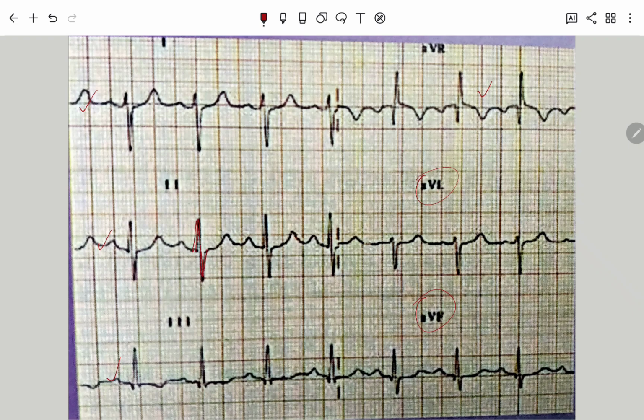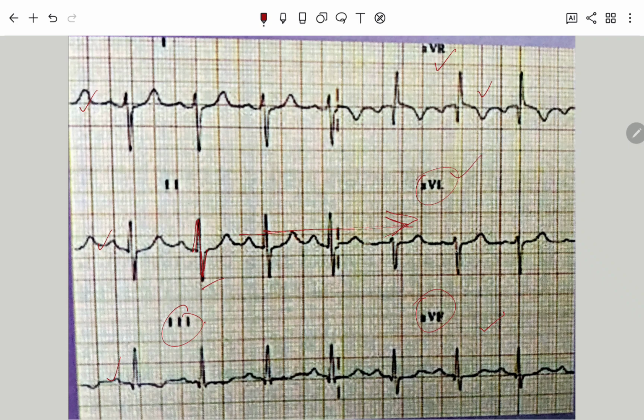We have to choose the equiphasic or close to equiphasic lead. Perpendicular to this one is AVL. If it was 1, we would consider AVF. If it was 3, we would consider AVR. Since the lead perpendicular to the equiphasic complex is AVL, right?